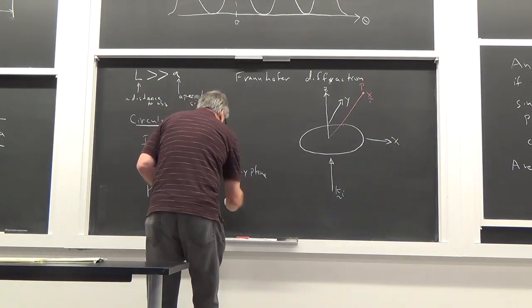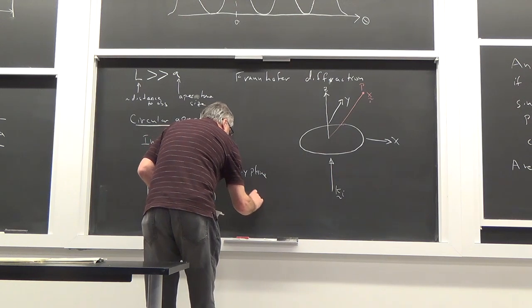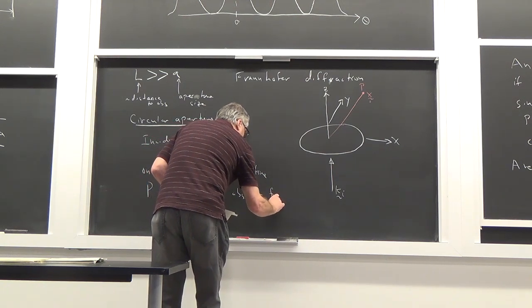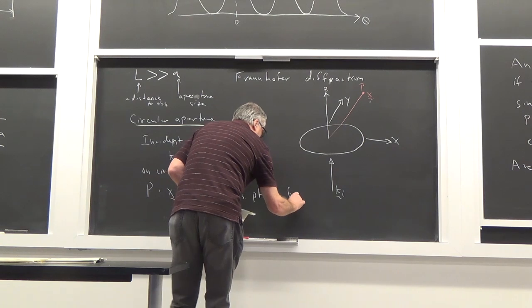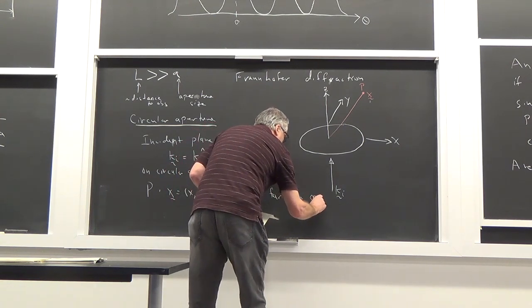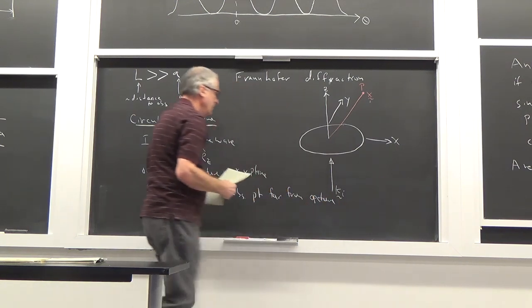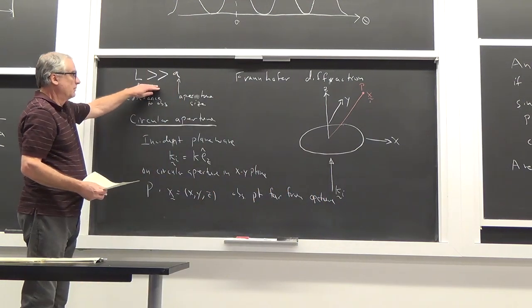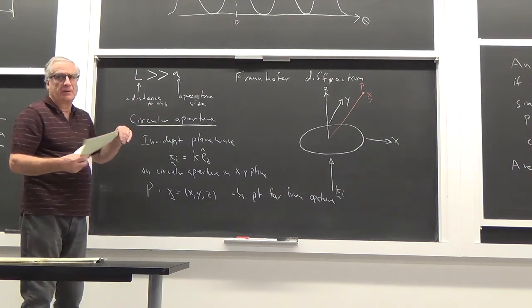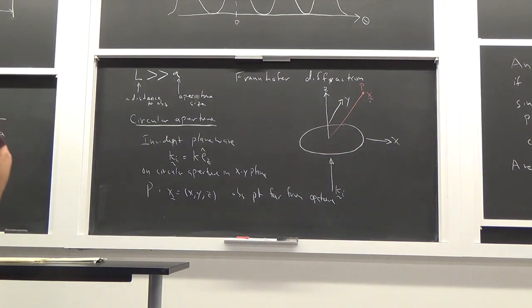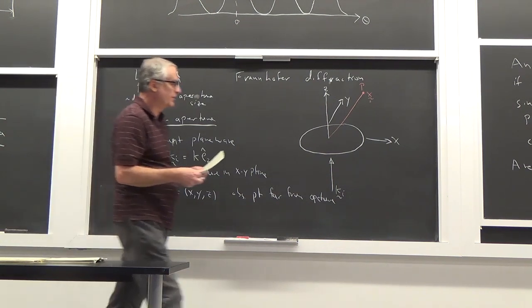That's our observation point, which is far from the aperture, because we want to do this Fraunhofer diffraction. Basically, we want to make our lives easy in the calculation. It's often a perfectly reasonable assumption for the things we typically do.